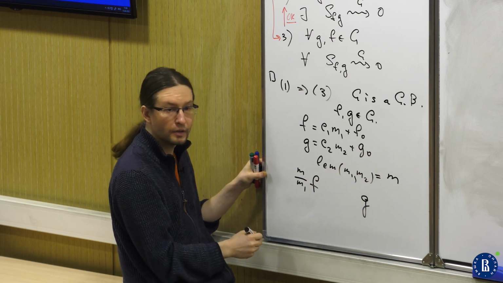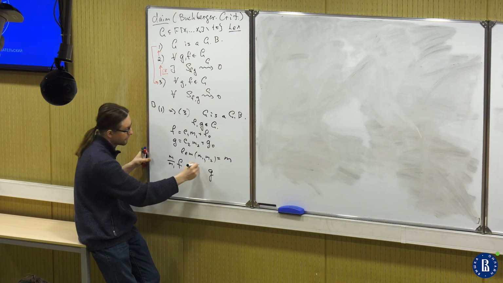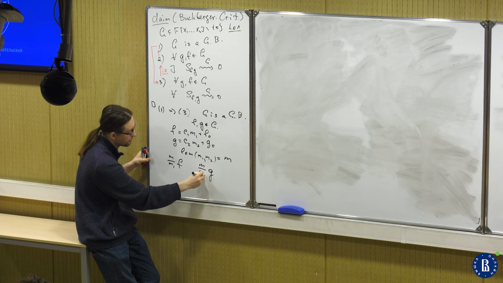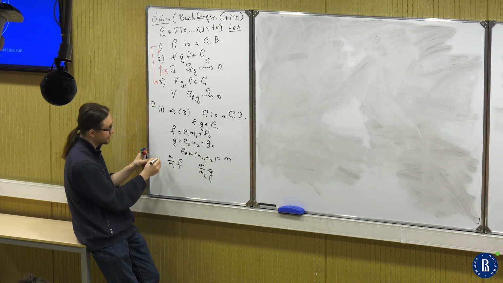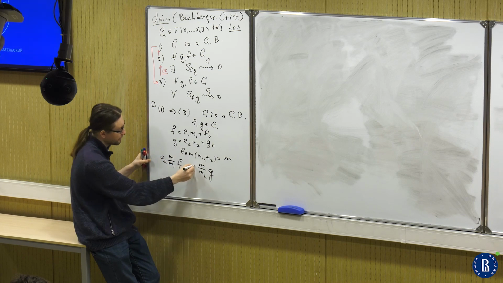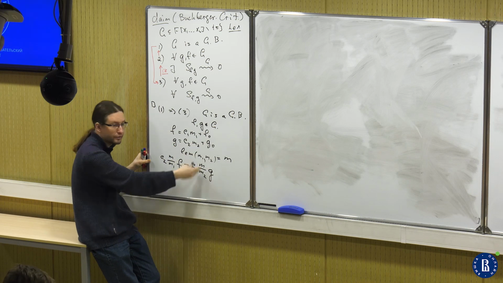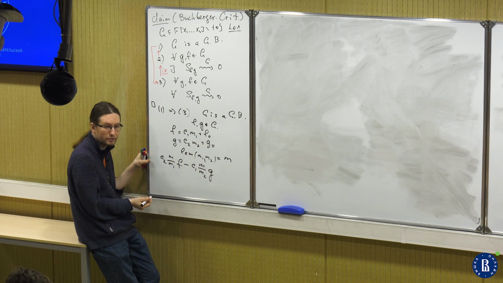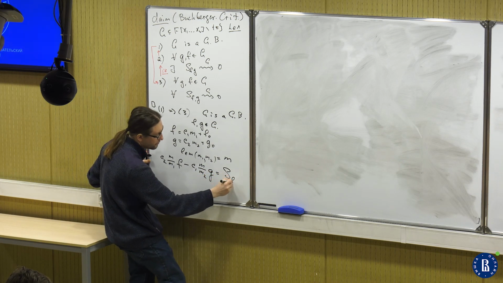And we want to make the leading monomial of G also to be M. So we multiply by M over M2. And now we want to make the leading coefficients the same. So we multiply by C2 here and by C1 here, and we subtract one from another to cancel the leading monomials of these two polynomials. And this is, by definition, the S polynomial.